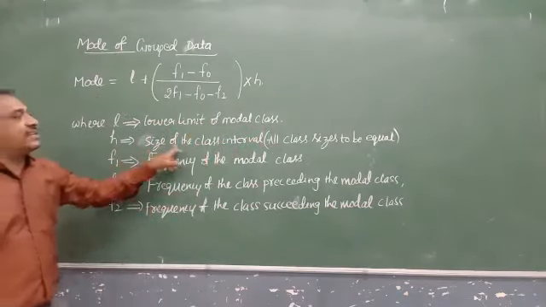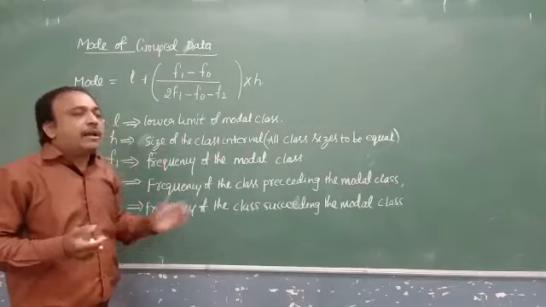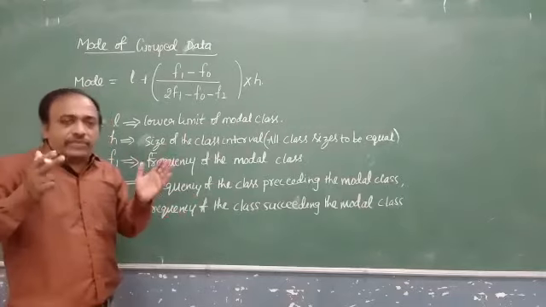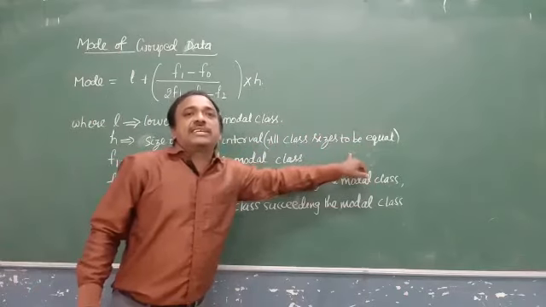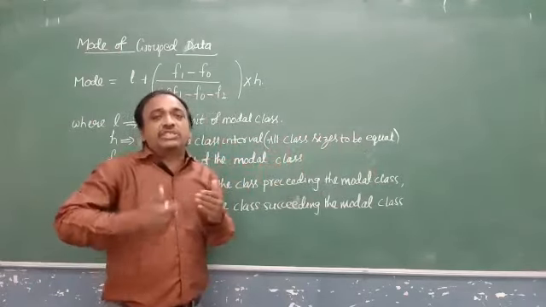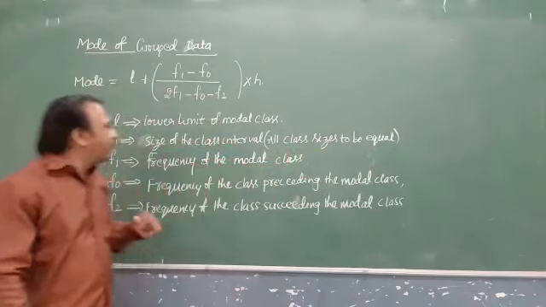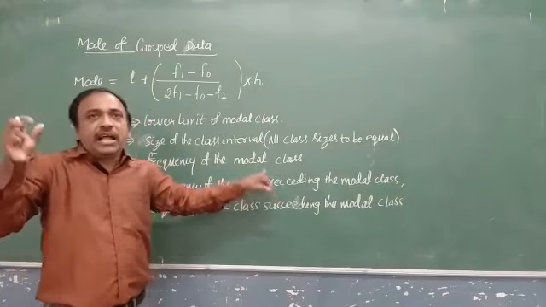Next, H is the size of the class interval. In a given data, we have to check the class size, but in this session, for class 10, we assume all class sizes to be equal. F1 is the frequency of the modal class, the highest frequency.